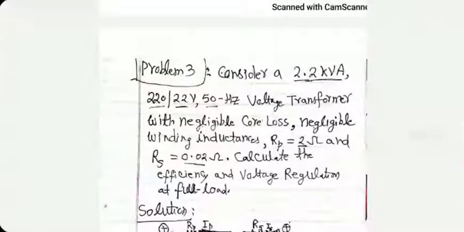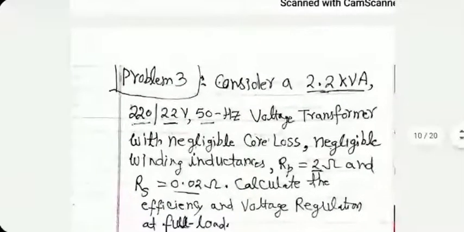Okay, this is not about all-day efficiency, but about a simple calculation on voltage regulation, which is no load voltage minus full load voltage divided by full load voltage, and the entire thing multiplied by 100. Only magnitudes of the secondary voltages are being considered.